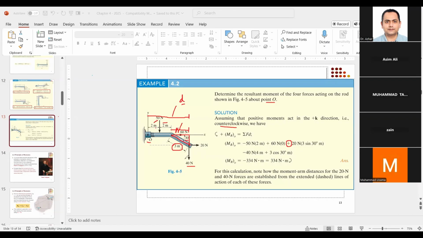Here I'm multiplying this 40 with the moment arm, and this moment arm is 4 meter plus 3 cosine of 30 degree. So together, 4 plus 3 cosine of 30 degree is the moment arm of the 40 Newton force with respect to point O.